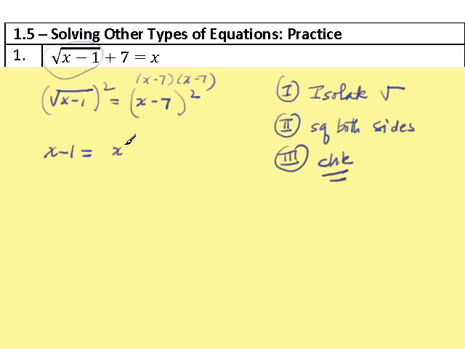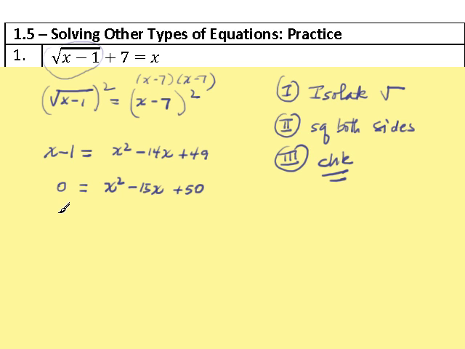So we have x squared, and middle term minus 7x minus 7x, minus 14x, plus 49. Now let's get 0 on the left side, so we're going to subtract x and add 1. So here we have x squared. Subtracting x from both sides, we have minus 15x, and adding 1, we have plus 50.